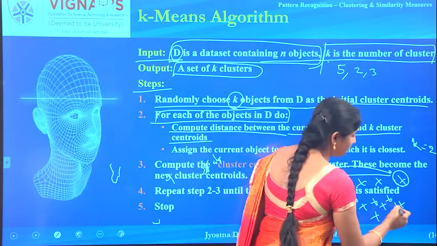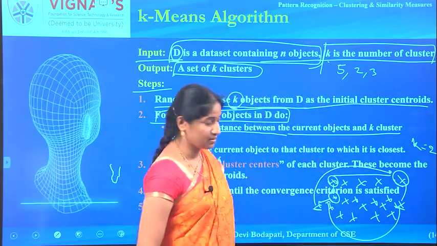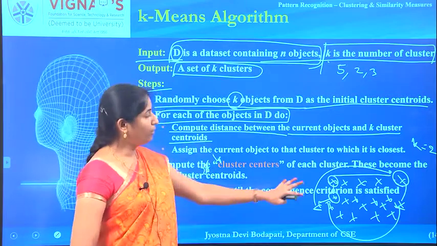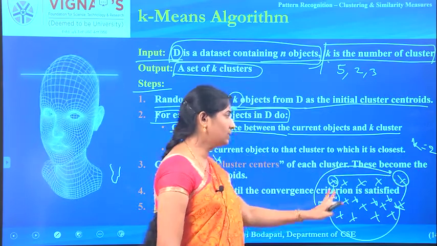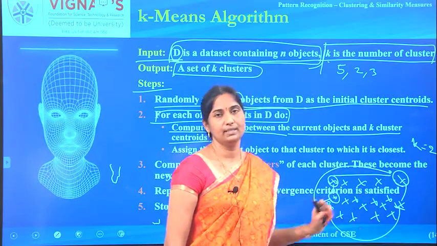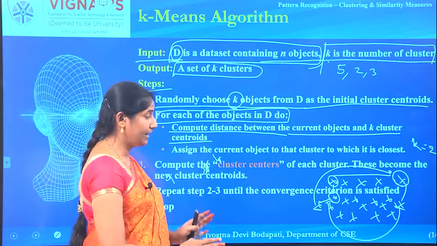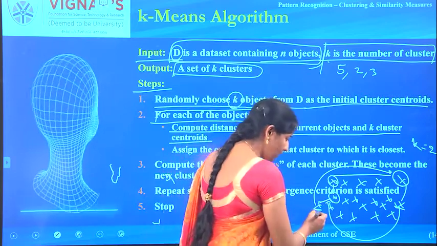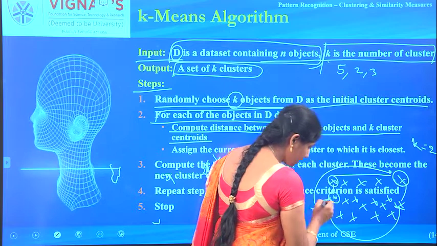Similarly for every object, you find the distance to each cluster centroid. If your k value is 2, then for both cluster centroids you need to identify the distance measures. Once you have the distance measures, you can understand to which cluster center the object is close. If you observe, this object is close to this centroid.